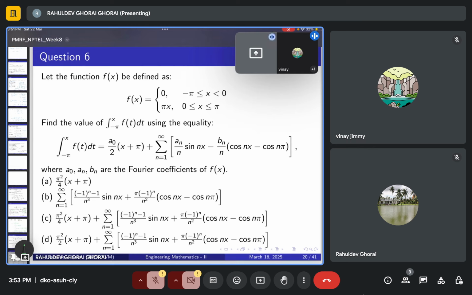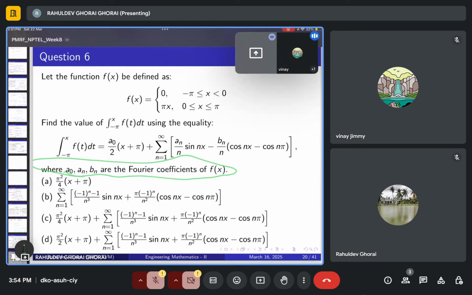It's given here that A naught, A n, B n are Fourier coefficients of fx. Already given, right? So once you know that, you know what the values for A naught, A n, B n are. So A naught should be the integration over fx dx, and then you get it easily. Once you know a naught, an and bn, you put in the values and you get the answer.